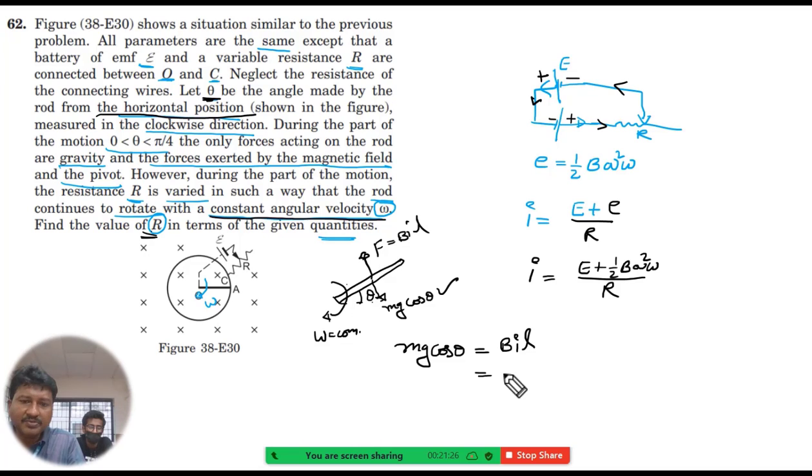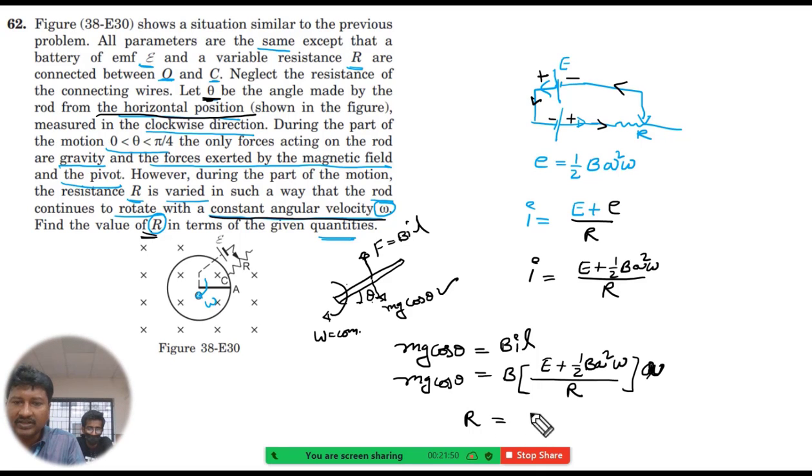So you need to substitute I as E plus half B A squared omega, by R, into L, where L is A, the length of the rod. That equals mg cos theta. Bring this R to this side.